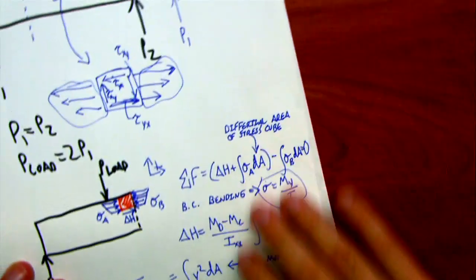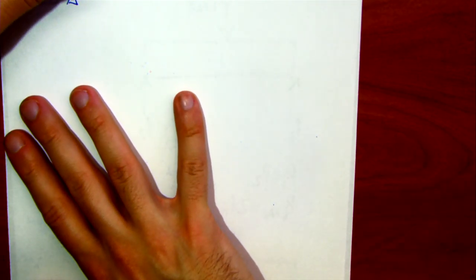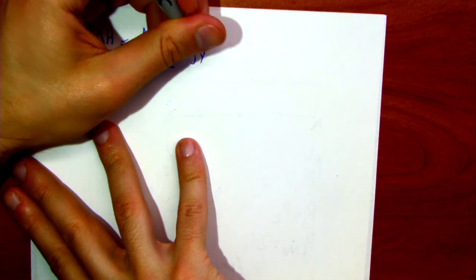All right, so we got our delta H equals MD minus MC over I times the integral of y dA.